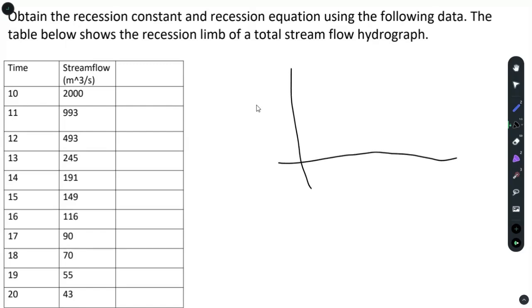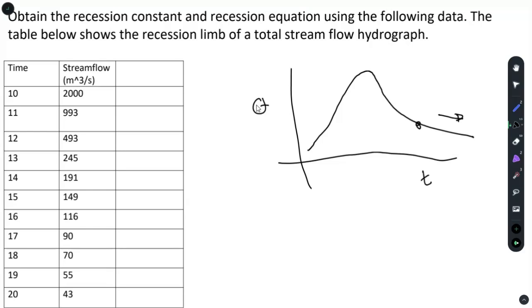If this is time and this is q, it goes like this and it falls like this. From a particular point, let's say from here, it's kind of a straight line. It has a constant slope, and the slope is called the recession constant, I guess.